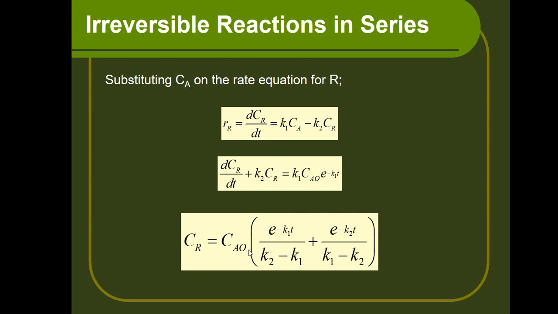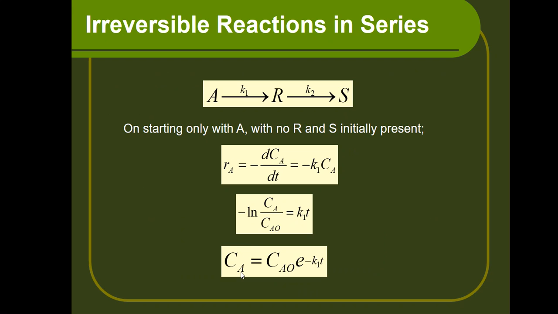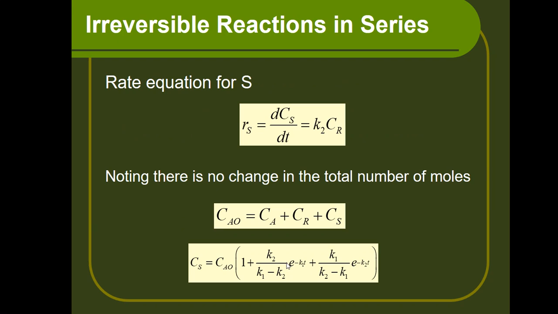This one allows you to compute for the concentration of A at any time given the amount of K1 and the initial concentration of A. Now, about C sub S, you only have to write down one formula because your S appears on the last part of your two-step series, and it would be this.